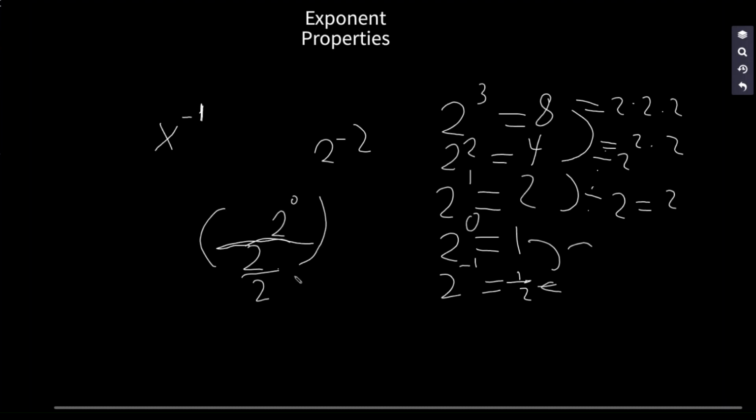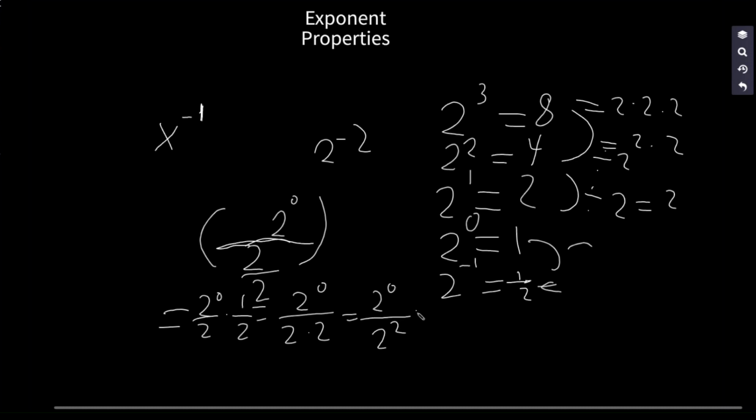Okay, but if you know a bit of fractions, this can be written as 2 to the 0th. If we're dividing by 2, we're really just multiplying by the reciprocal, which is 1/2. So this is 2 to the 0th over 2 times 2, or 2 to the 0th over 2 squared.